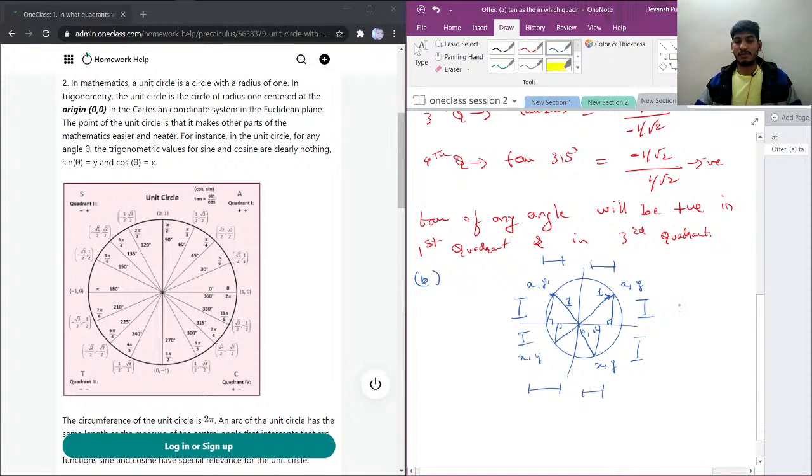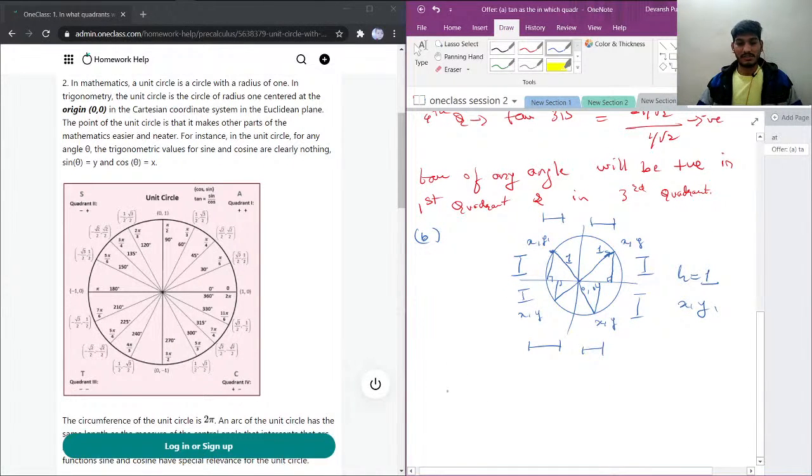And then eventually we get a right angle triangle whose hypotenuse is always going to be 1 unit, whose x and y coordinates we know, and therefore we can just calculate the trigonometric ratios of any angle because this unit circle covers whole 360-degree.